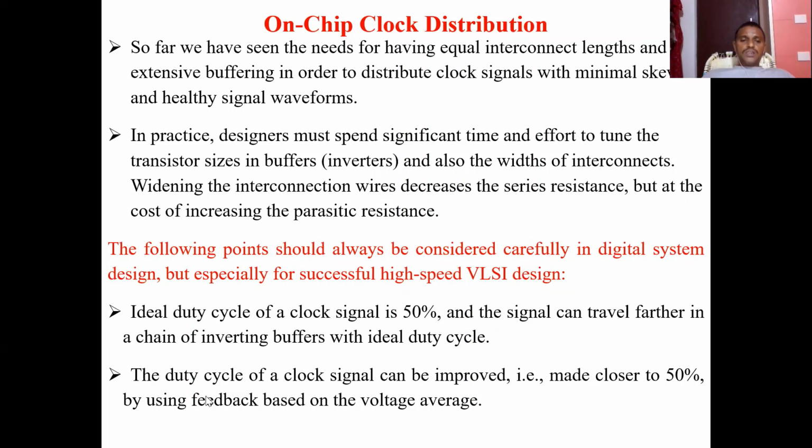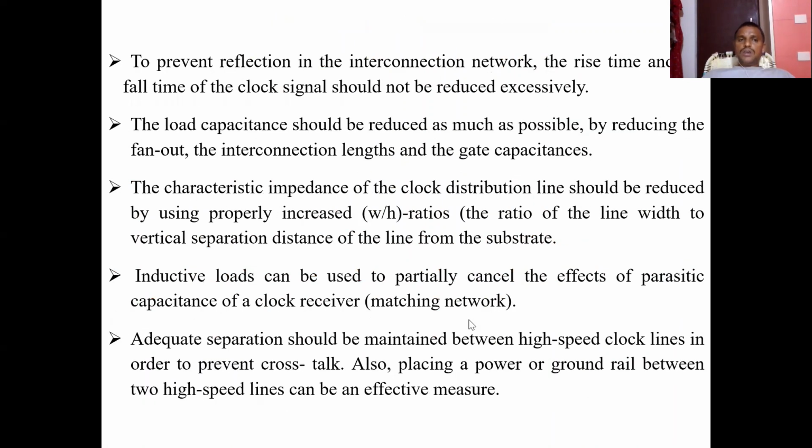The duty cycle of a clock signal can be improved, made closer to 50%, by using feedback based on the voltage average. So by taking feedback connections, we can improve the duty cycle of the clock to 50%. To prevent reflection in the interconnection network, the rise and fall times of the clock signal should not be reduced excessively.